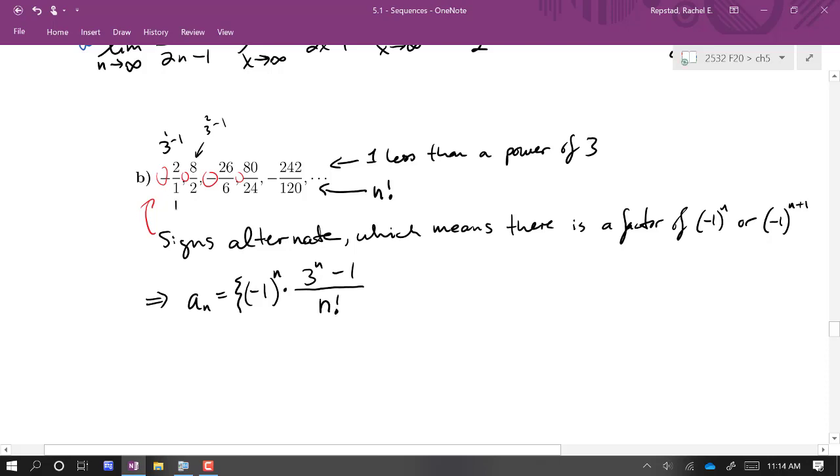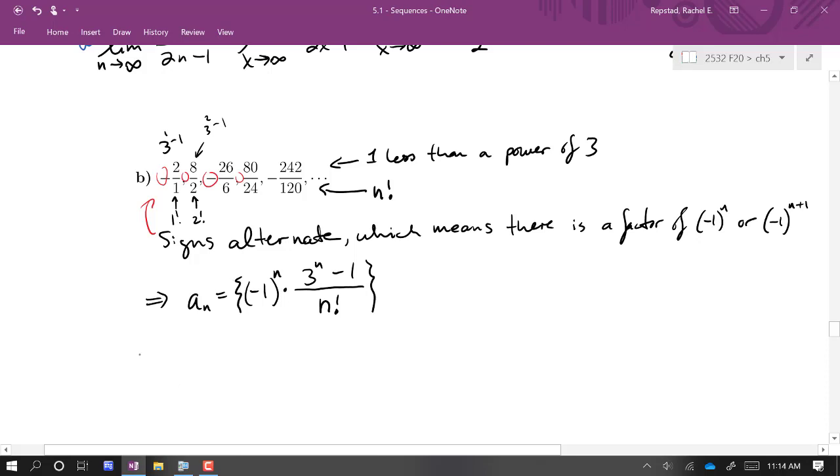That's 1 factorial is 1. 2 factorial is 2 times 1, or 2. 3 factorial is 3 times 2 times 1. So there's the nth term.